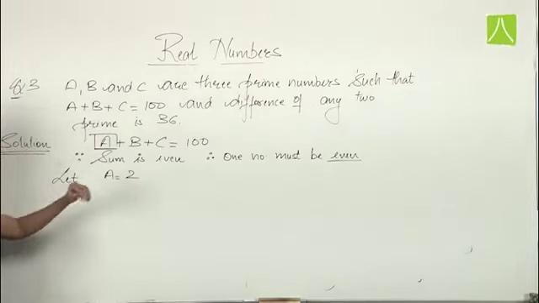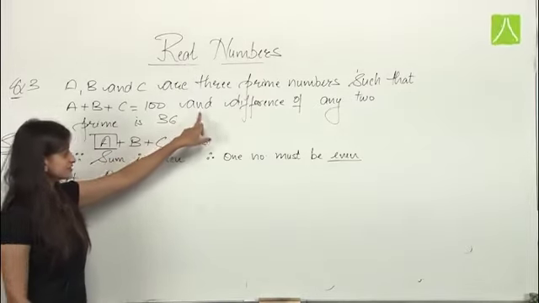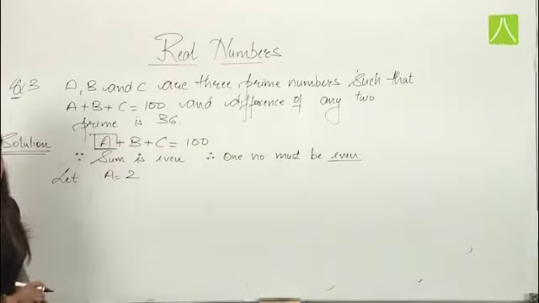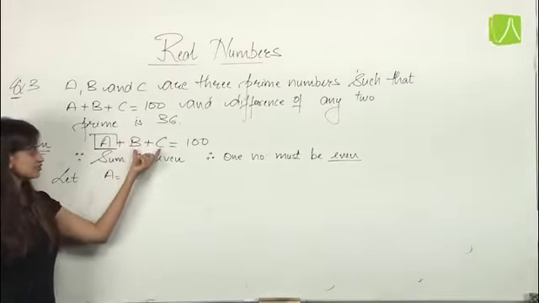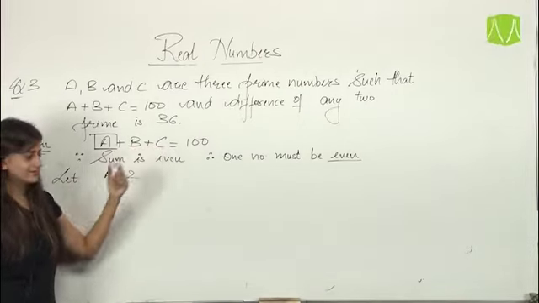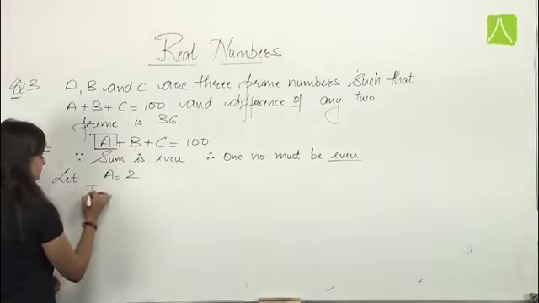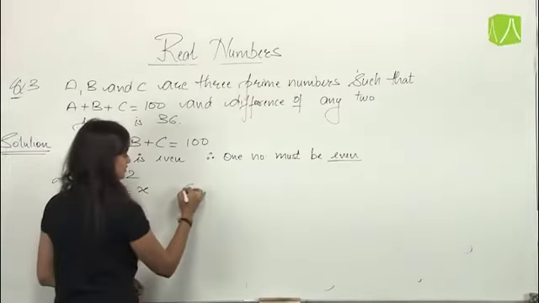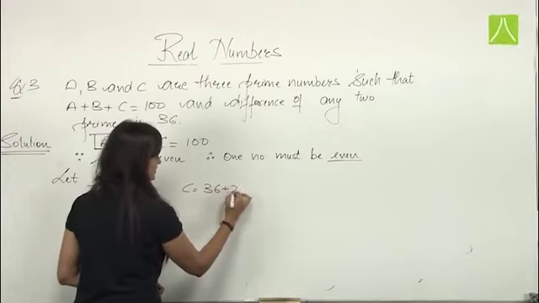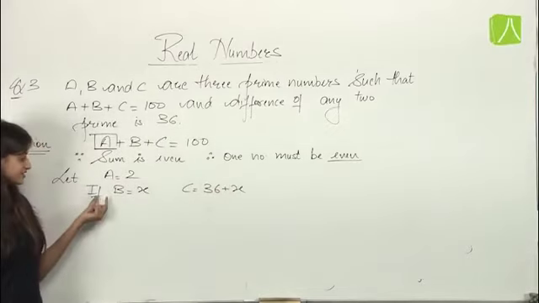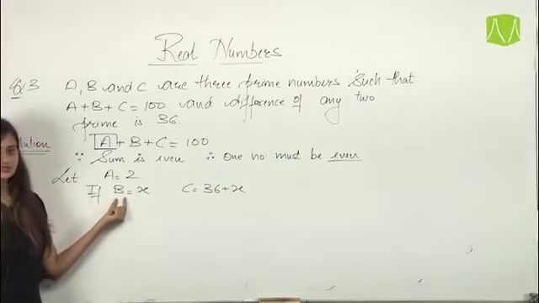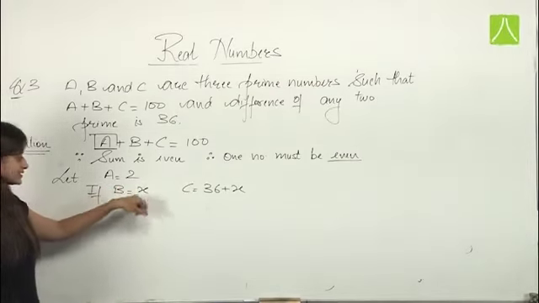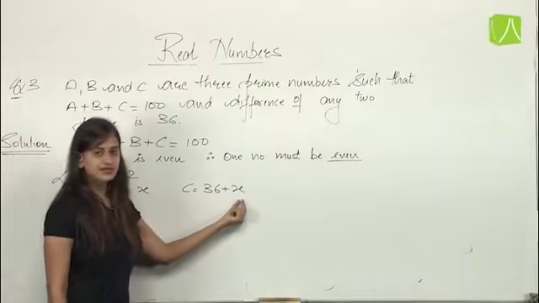Okay, next read the question again. The second condition given is that the difference of any two primes is 36. The difference of the remaining two numbers is 36. If B is x, then C will be 36 plus x, since the difference of B and C is 36. Now A is 2, B is x and C is 36 plus x.